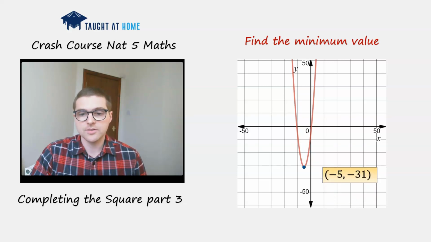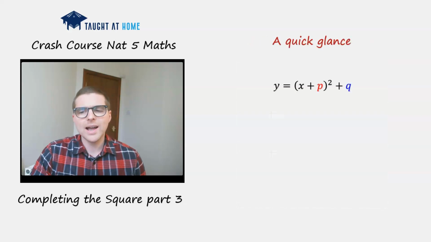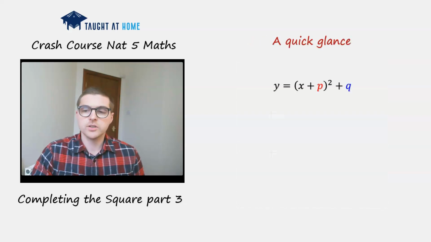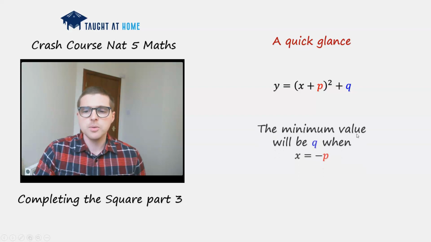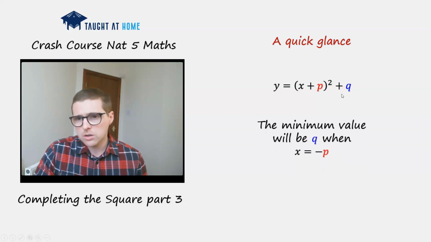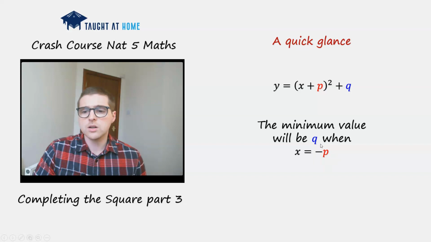So at a quick glance, when we complete the square for a given function or a given equation, and we have it in the form x plus p all squared plus q, then we can say that the minimum value will be q when x is equal to the minus of p.